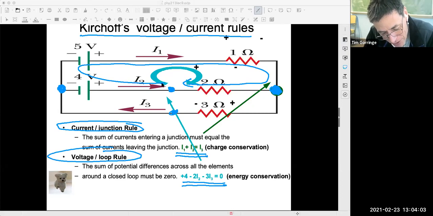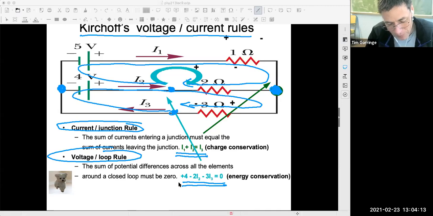I know I put this sketch up here, but I've walked around the bottom arm of the circuit this way. That's the rule I wrote down here. So we're going around the bottom arm of the circuit, not the top arm of the circuit.